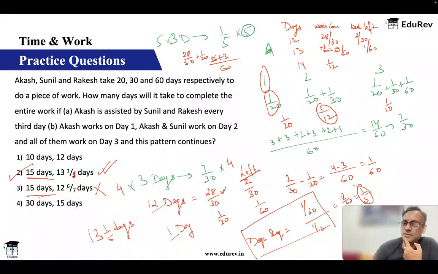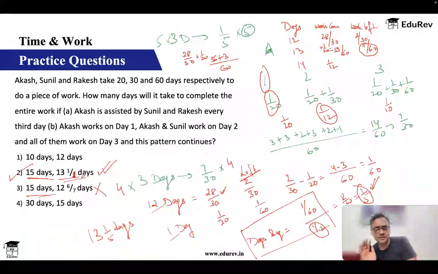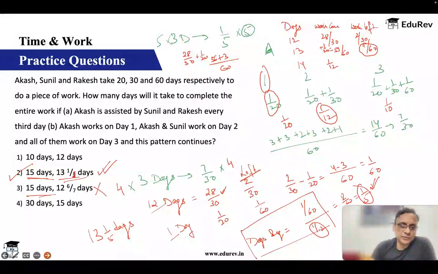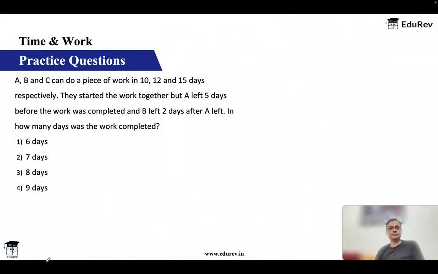So work to be done is 1 by 60, which is the work left after day 13, and work done on day 14 is 1 by 12. So that will give you 12 by 60, which will give you 1 by 5. So 1/5 of the 14th day would be required. So the answer will be 13 1 by 5. Okay. Very important question to understand how the two things work. Okay, fine. Let's move on to the next question.